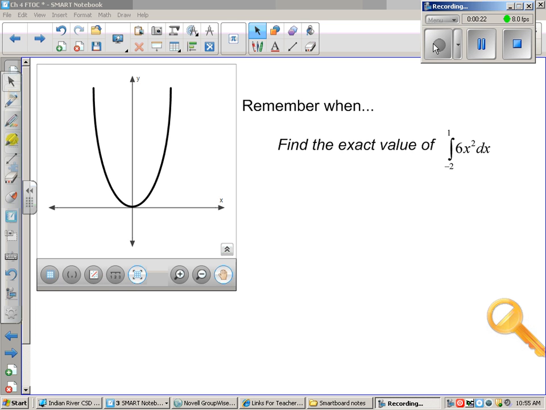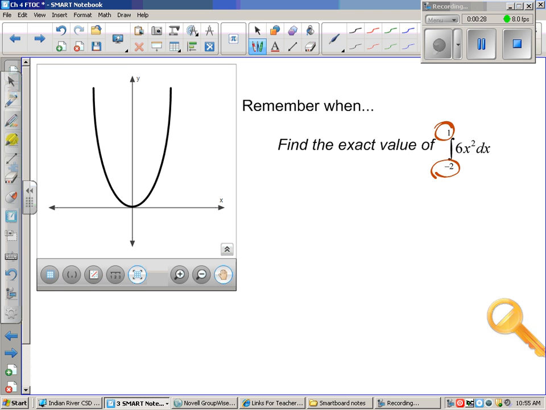If we want to figure out the exact value, how we did this is we said, okay, you're going to figure out the length of your interval, and so how long is this interval? 3. All right, 3. And what we did was we divided it, instead of by 5 subdivisions or 6 subdivisions, we divided it by n subdivisions, meaning that we could change that n to be any amount that we want.